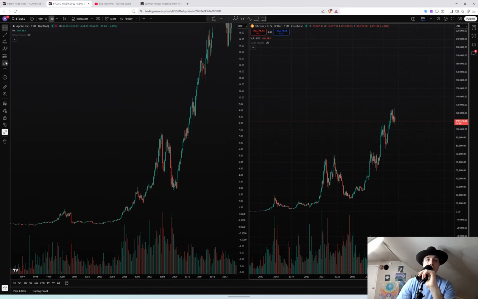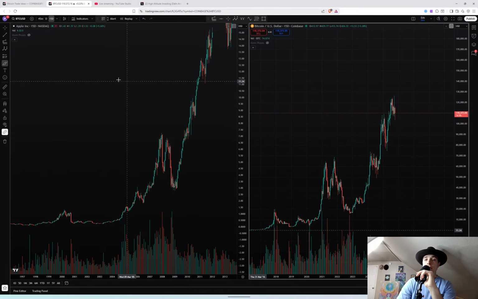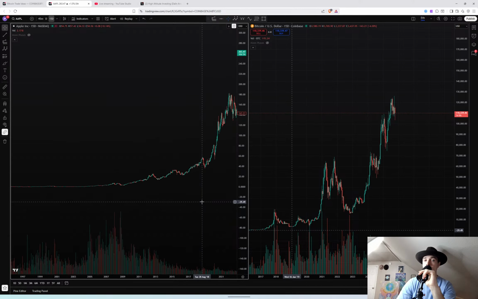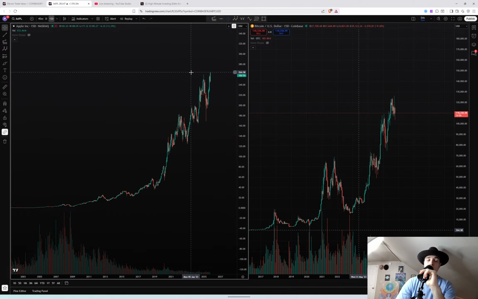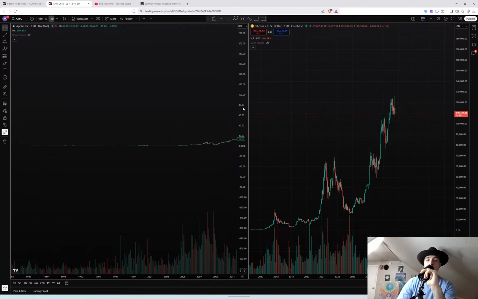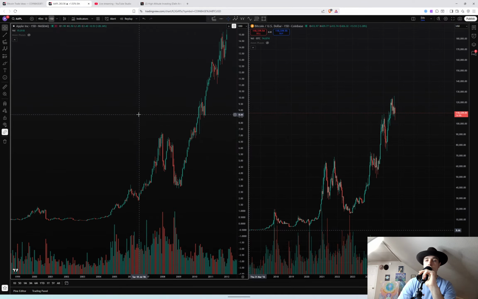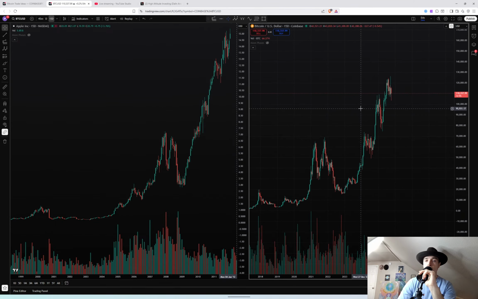If you look at Apple on the left and Bitcoin on the right and study these two charts, here's Apple before it really went parabolic and became the biggest company in the entire world in terms of market cap in the US stock market. I believe it's still Apple. Before that happened, it looked pretty similar to Bitcoin in a lot of ways.